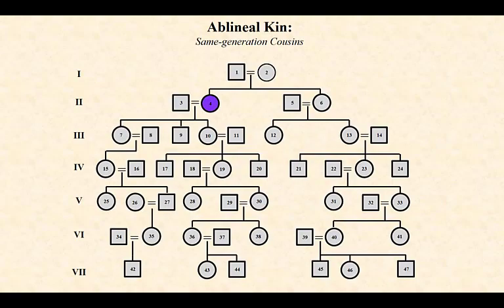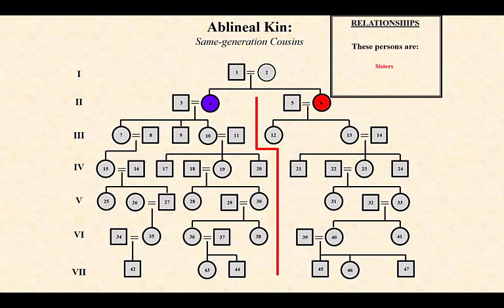Here's number 4. We split the families into the 2 collaterals, and now we see that 4 and 6 would be sisters. This is a starting point for the cousinships. Their children, that is 10 and 13 in this case, would be first cousins. Then the children of these first cousins are second cousins. Their children in turn are third cousins.